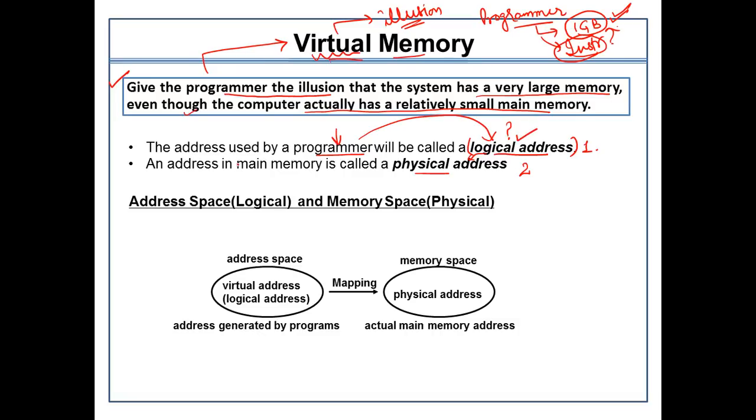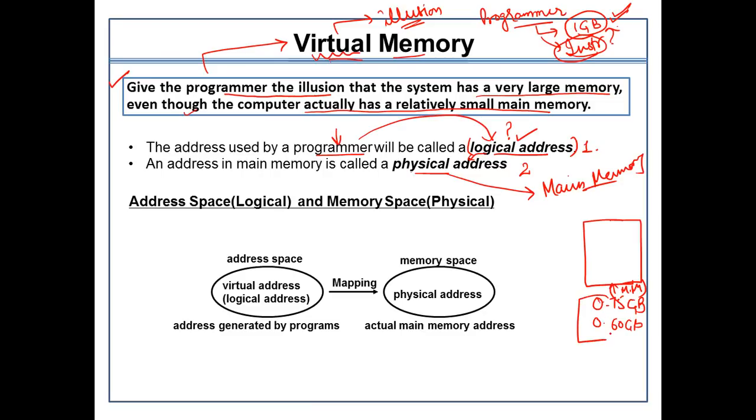And then there comes the physical address. The physical address deals with the main memory. Within the main memory, exactly 1 GB is not available; I could say that only 0.75 GB or 0.60 GB is available.